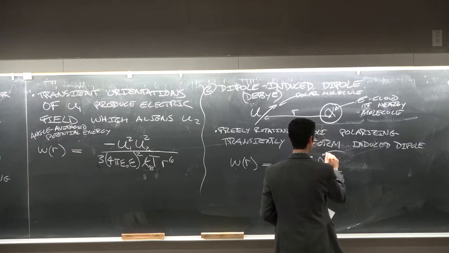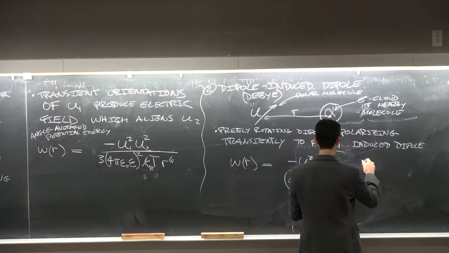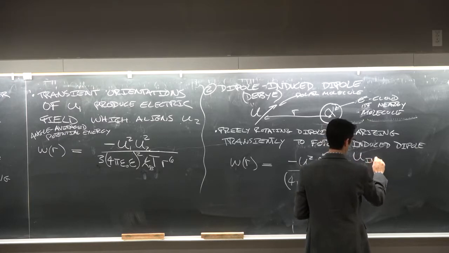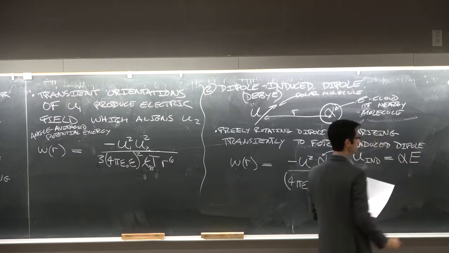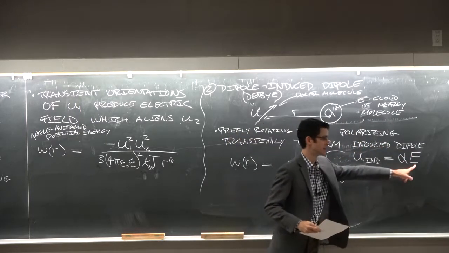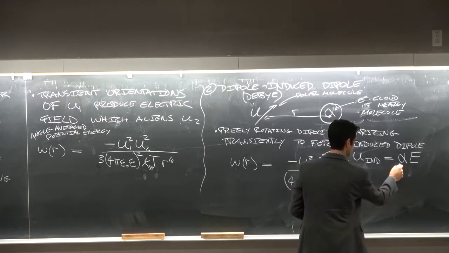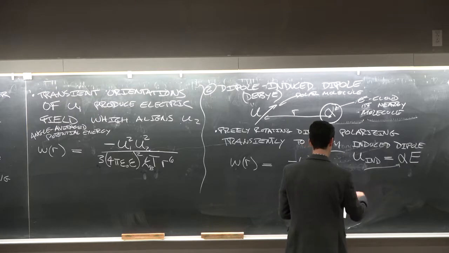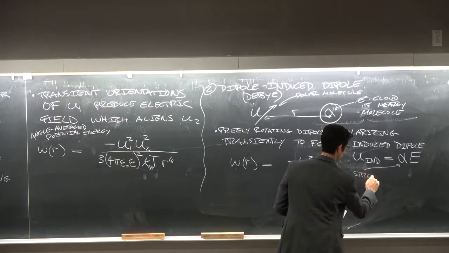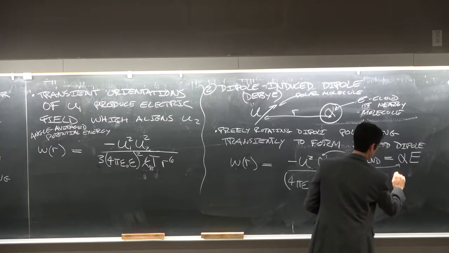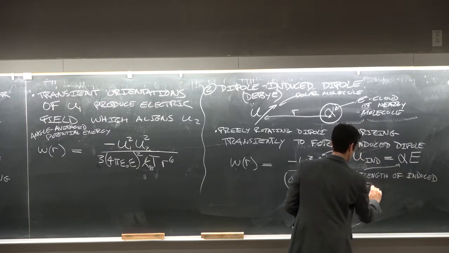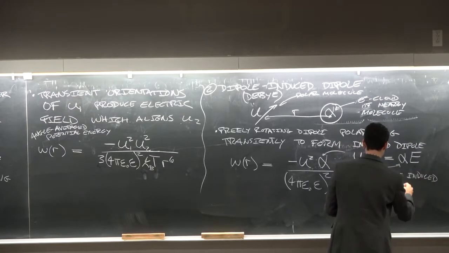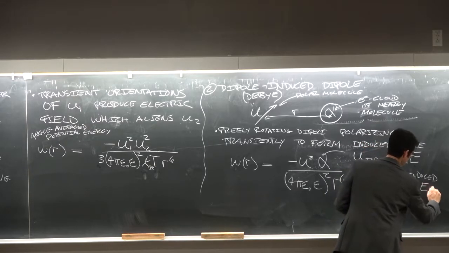Alpha is called the polarizability, and it is the strength of an induced dipole given an electric field, capital E. So this is the strength of an induced dipole in the E field.